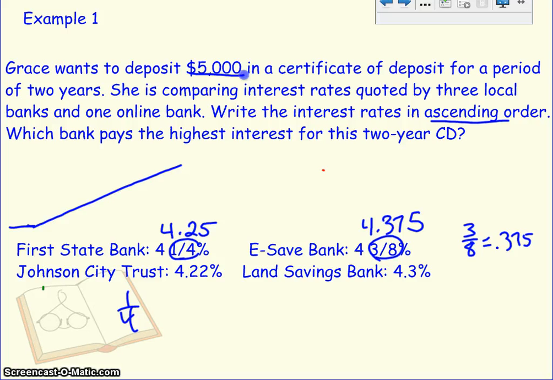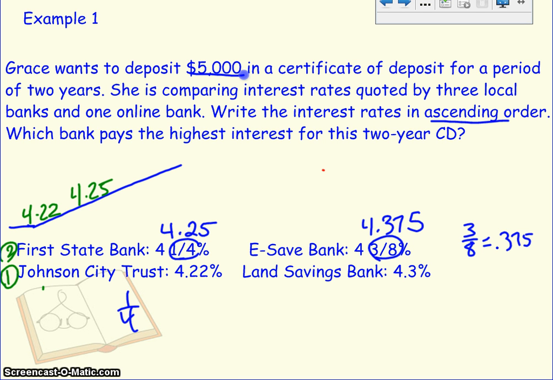So if we go in ascending order, the first one is going to be Johnson City Trust at 4.22, because 4.22 is lower than First State Bank, which is at 4.25. So we know in ascending order, it starts with Johnson, then we go to First State Bank, that's the second one in ascending order.